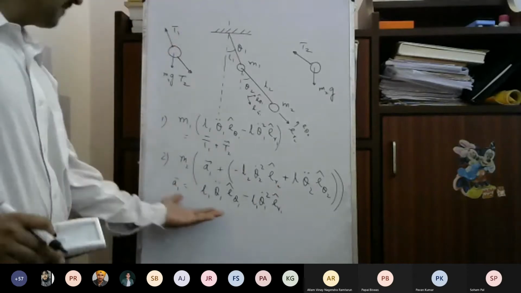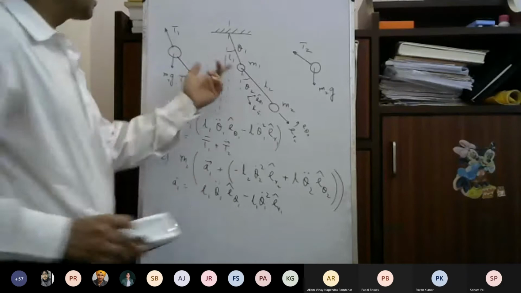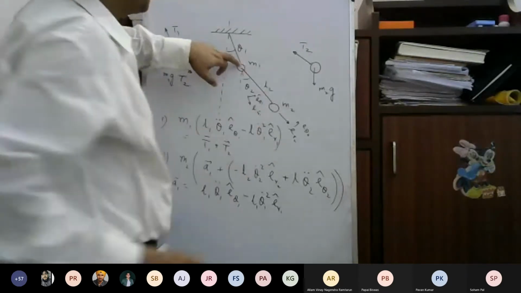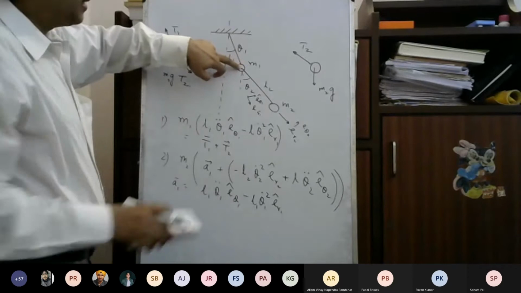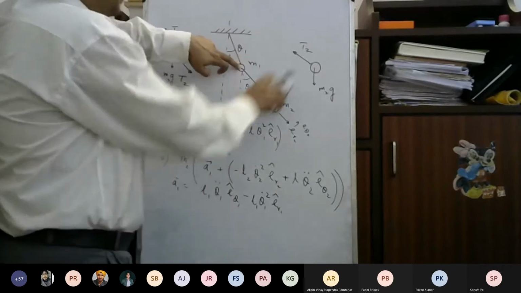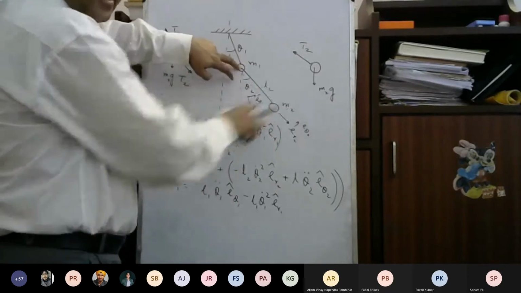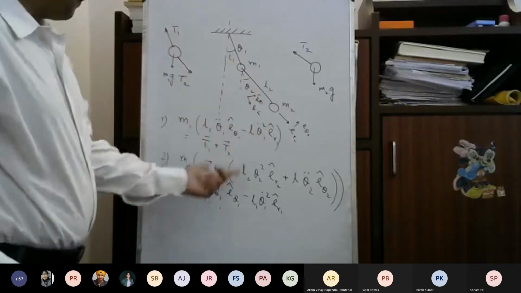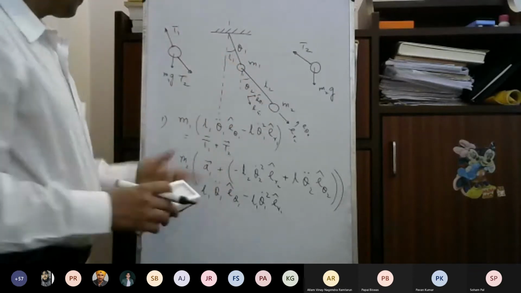It's a complicated expression. So it's the acceleration of the first mass plus the acceleration of this mass with respect to the first mass, as if this point is fixed and this is having a pendulous motion.